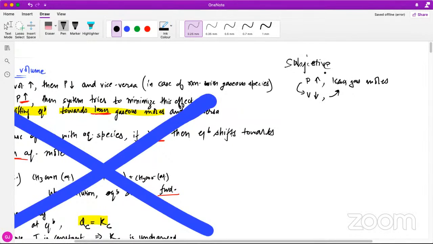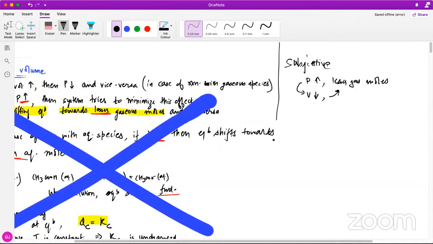So that is the subjective method. And similarly, you can also do it the numerical way, by comparing Q and K as we did, as in how Q will change. So that's the long story short of how the change in volume works.